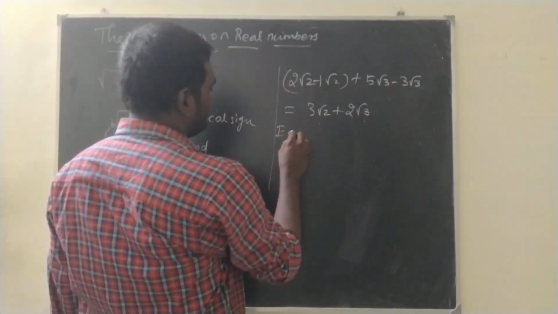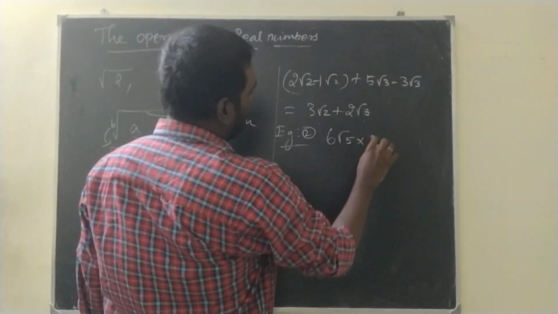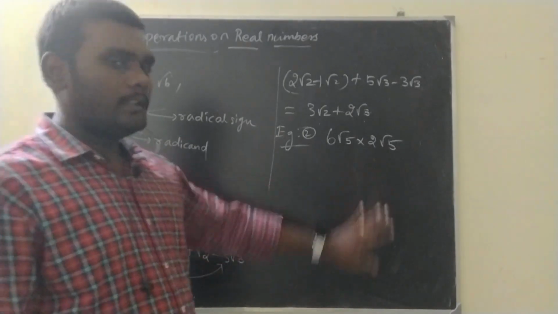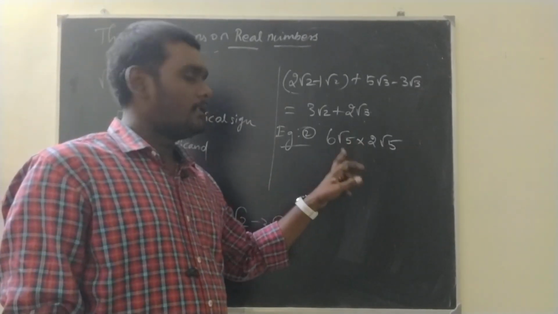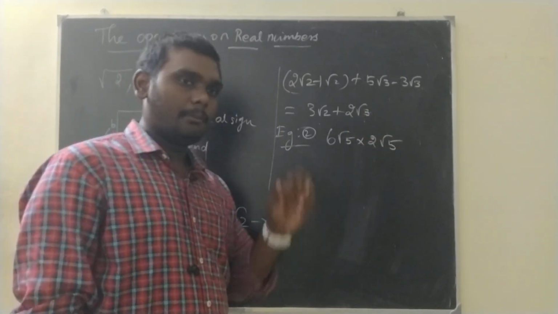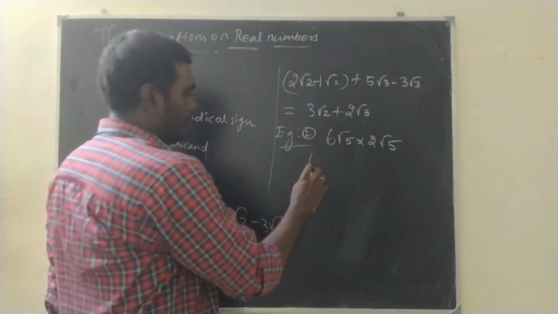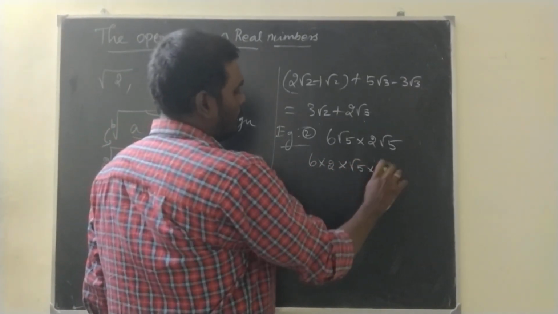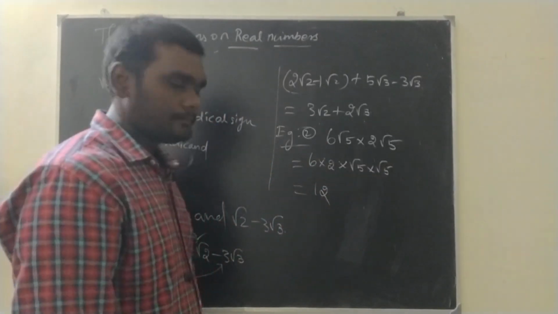Next example. Multiply 6 root 5 into 2 root 5. How to multiply this: the numbers outside the root can be multiplied outside the root, and the numbers inside the roots can be multiplied inside the root. So 6 into 2 into root 5 into root 5. 6 2s are 12.